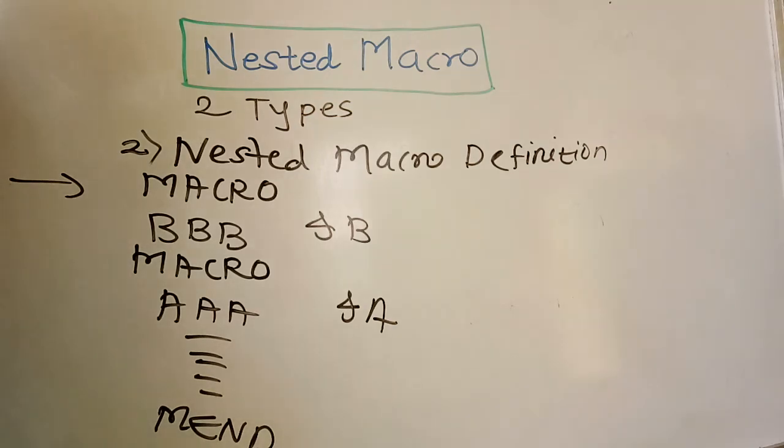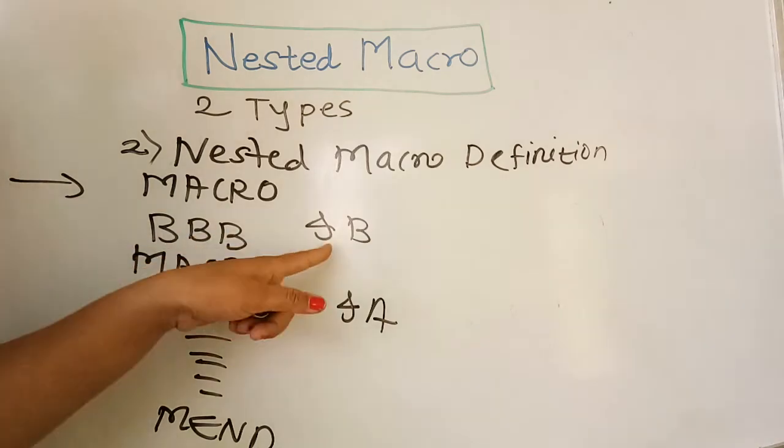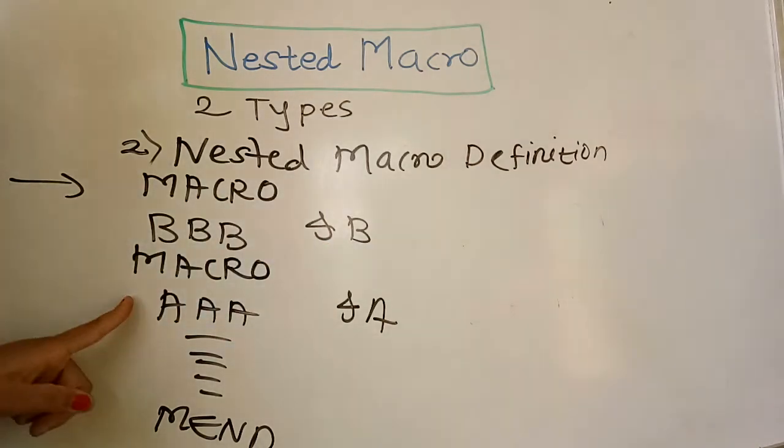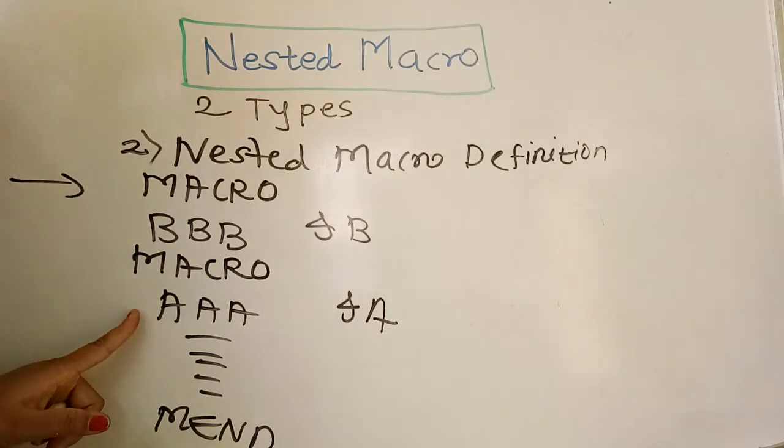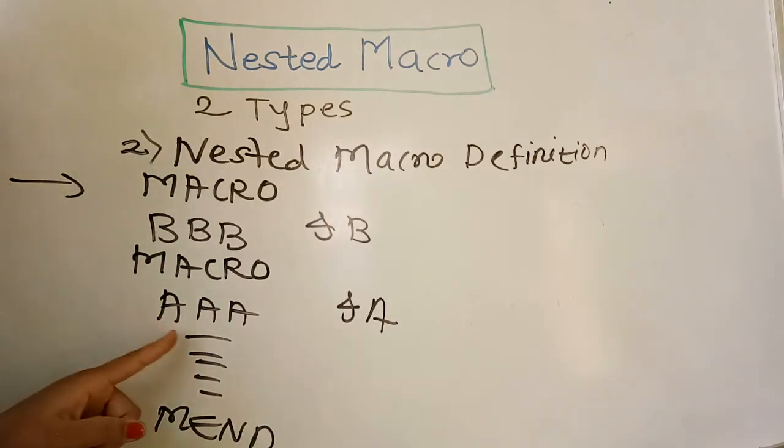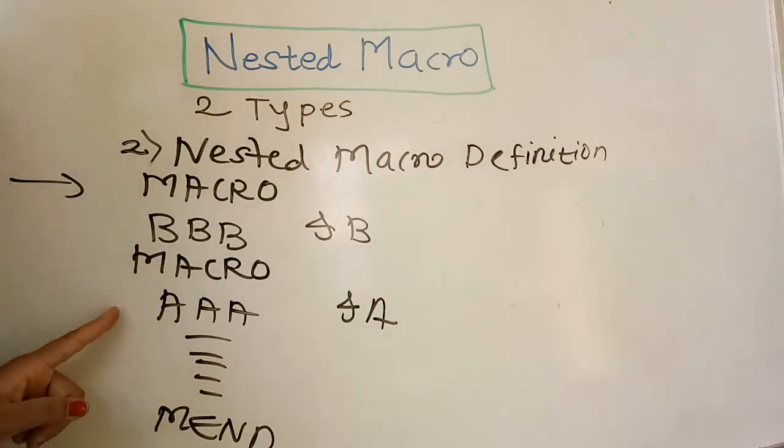In such a case, BBB is an outer macro with the formal parameter &B, and AAA is an inner macro with the formal parameter &A. Now, the inner macro is compulsorily embedded within the outer macro.